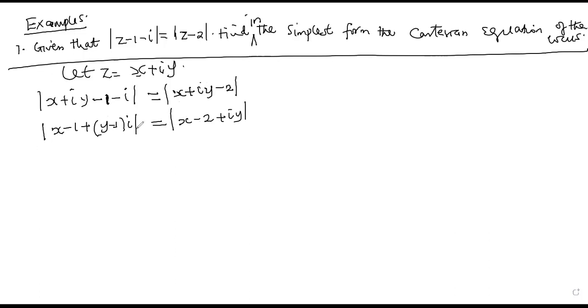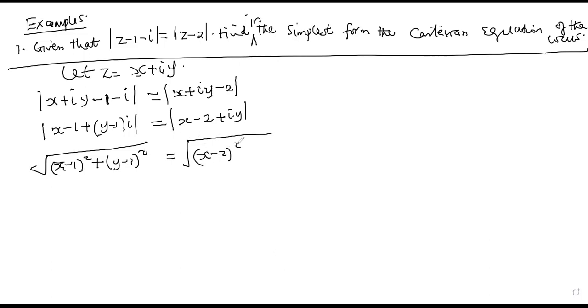So the magnitude is equal to the square root of the real squared. So it will be x minus 1 squared plus y minus 1 squared. And this is equal to the magnitude of this side, which will be the real x minus 2 squared plus y squared.